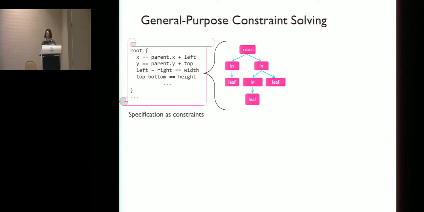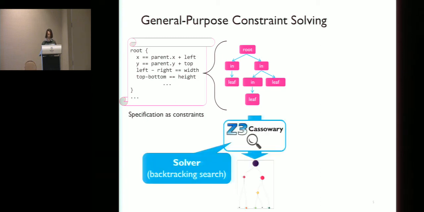Each of those nodes has attributes or variables such as position and height, and then there are constraints that define their semantics. So if you were to solve the layout, compute values for all those variables, the traditional way is to feed them into a constraint solver. That could be Z3, or that could be Cassowary, a well-known layout-specific solver. The solver then is going to do a search, compute values for all those attributes, and there is your tree.